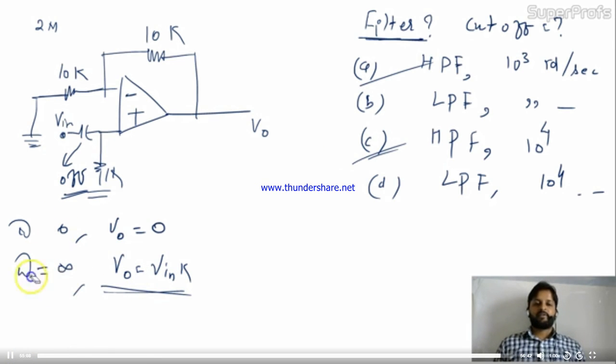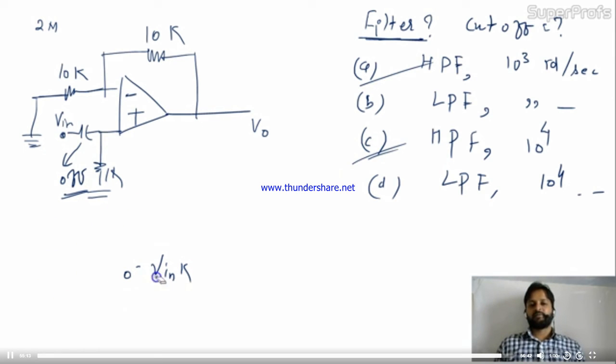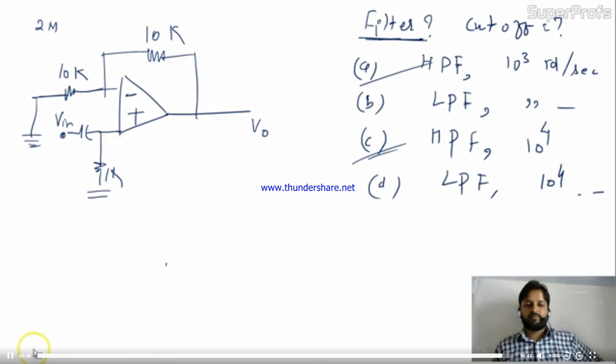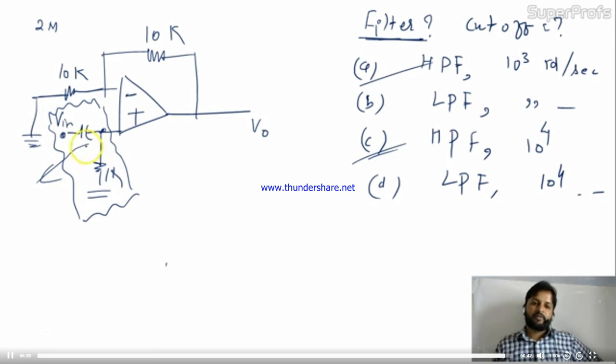Now for the cutoff frequency, we have seen that you can form the transfer function. Once you have the transfer function, you can find 1 by tau, which is nothing but your omega 3 dB. But for this question, don't do it like this. Directly see which part of the circuit introduces the time constant, because the capacitor is the frequency dependent component. Across the capacitor, tau is always RC.